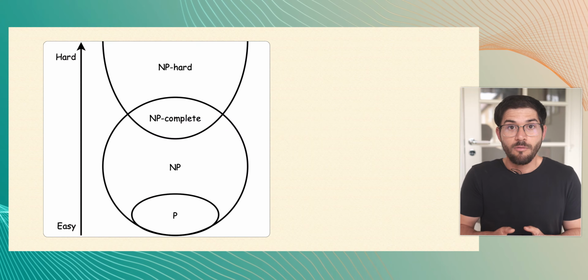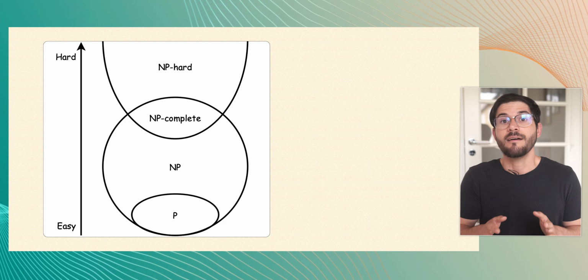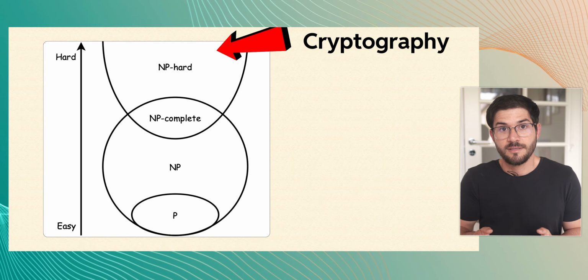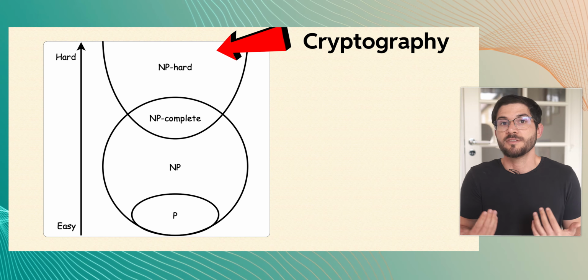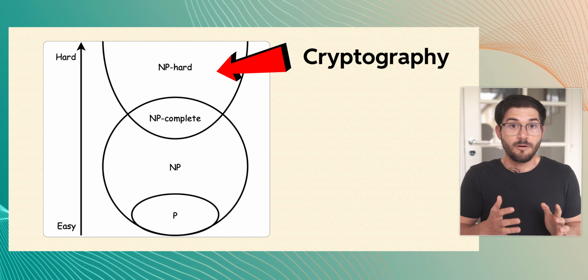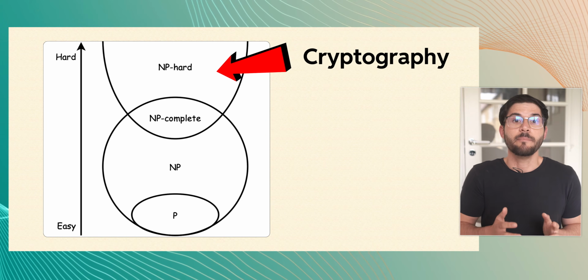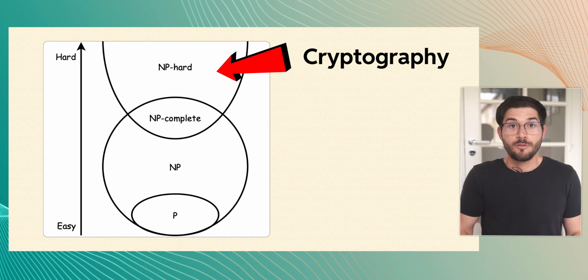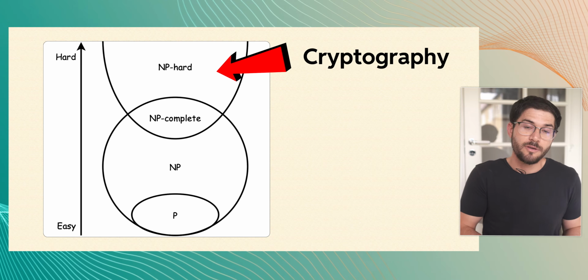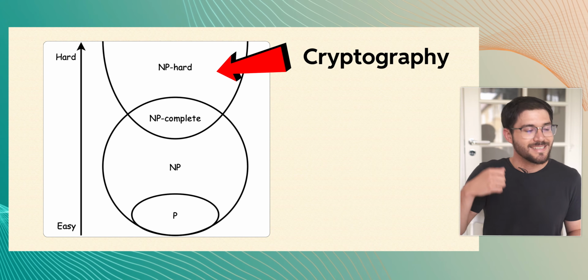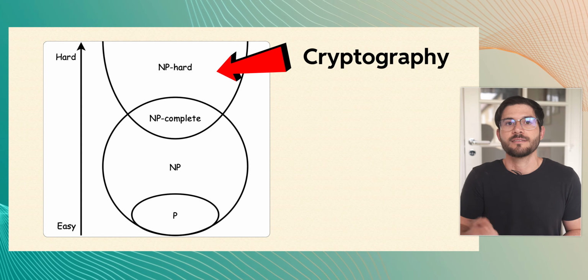As you may already know, cryptography systems rely on hard problems. And by hard problems, I mean those with no known polynomial time solutions, or what in computer science is known as NP hard problems. To be useful, these problems must be easy to compute in one direction, but extremely hard to reverse.